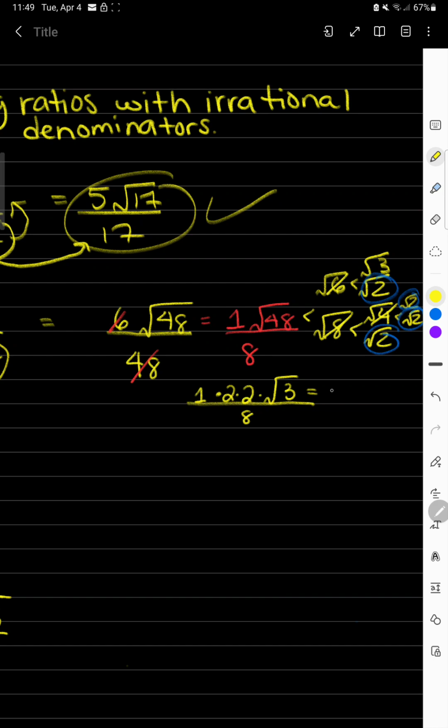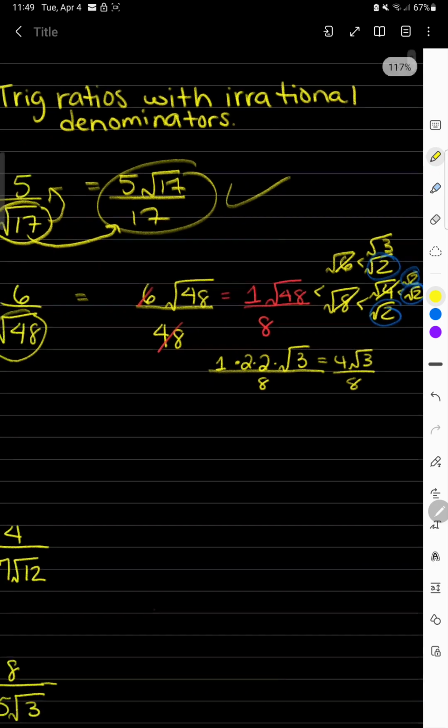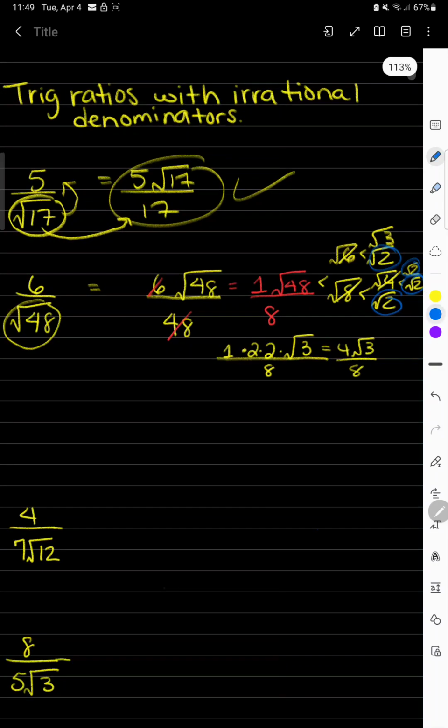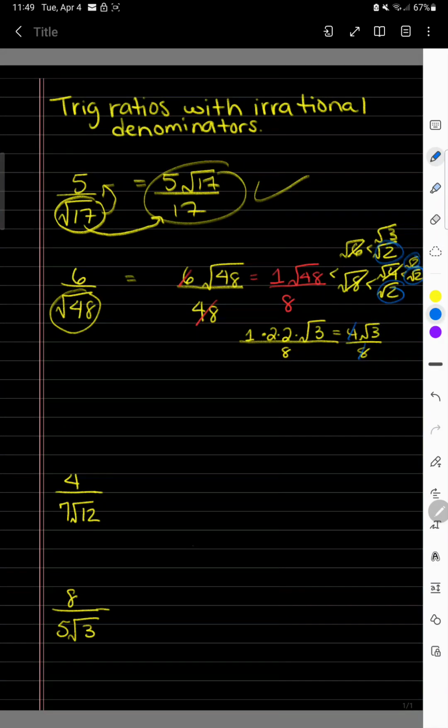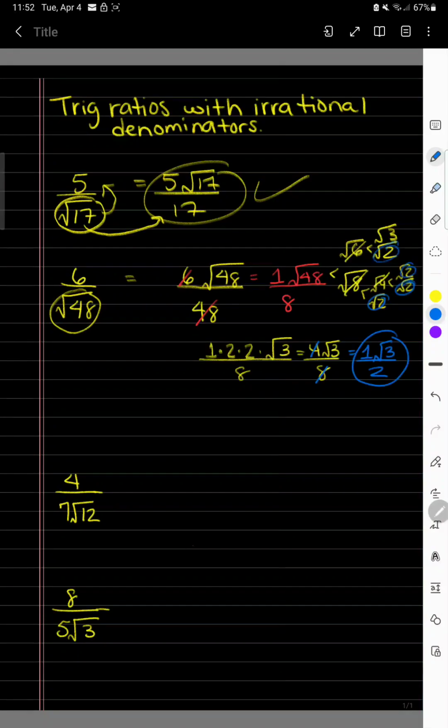So we have 2 times 2, that's 4 square root of 3 over 8. And then we can reduce 4 and 8 one more time, making it 1 square root of 3 over 2. And that's the final broken down number. Okay, so for the next one, let's do this one first.